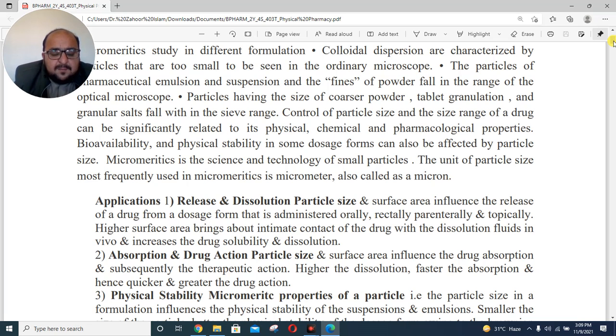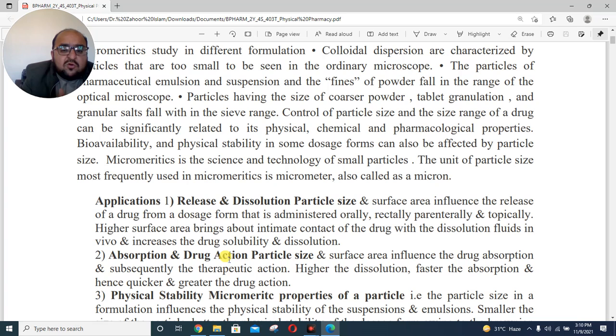So here in the application of micromeritics, the release and dissolution particle size and the surface area influence the release of a drug from a dosage form that is administered orally, rectally, parenterally, or topically. Definitely, a higher surface area brings about intimate contact of the drug with the dissolution fluids in view and increases the drug solubility and dissolution profile.